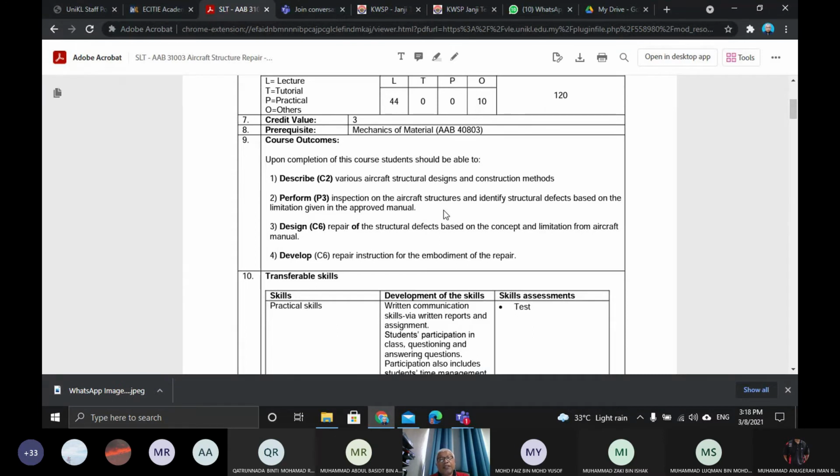So you need to write a set of instructions on how to embody the repair to the aircraft. That is the outcome, and this is a skill that we expect you to have to work on the aircraft as technical service engineer for structure, or even structure design engineer for doing new structure design.